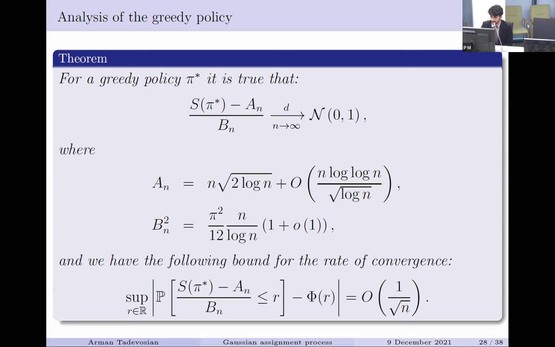We can also write down a good rate of convergence for this random variable, such that the supremum norm of the difference between our cumulative distribution function and the cumulative distribution function of the standard normal law is no more than big O of 1 over the square root of n.